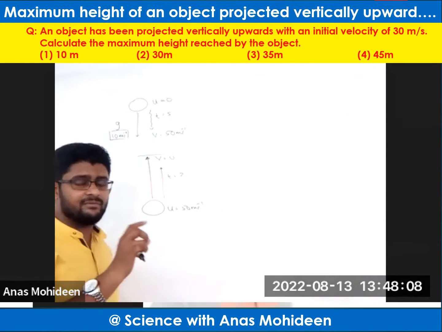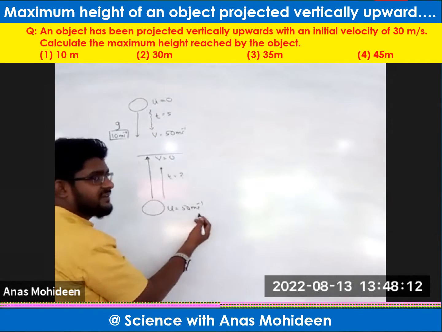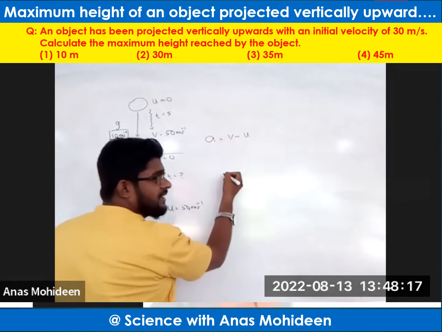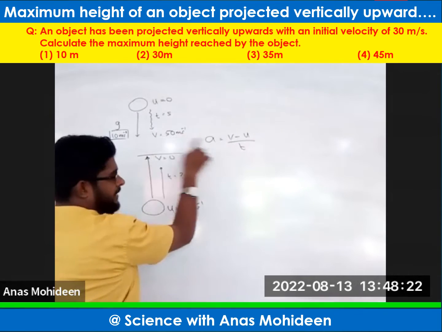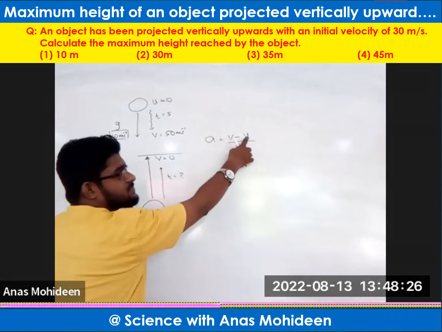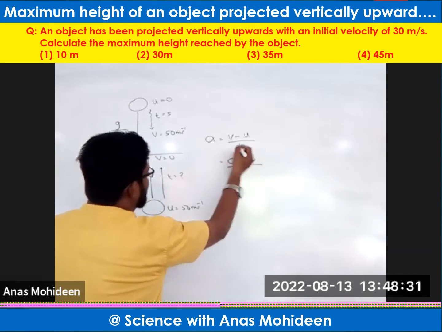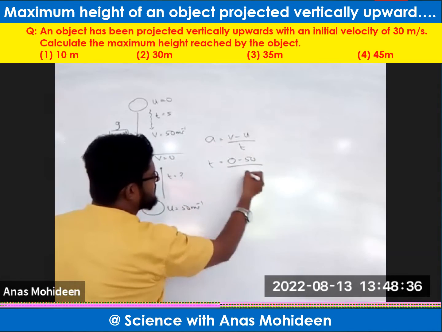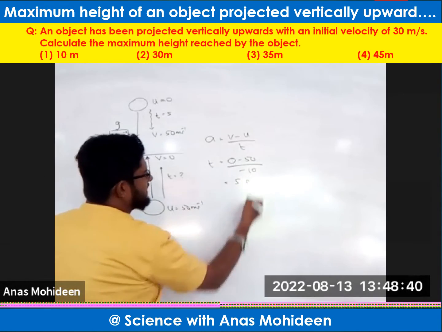According to the formula a = (v - u)/t, the final velocity here is 0 and the initial is 50, so it becomes 0 minus 50. With a as minus 10: minus 50 over minus 10 will give you 5 seconds.